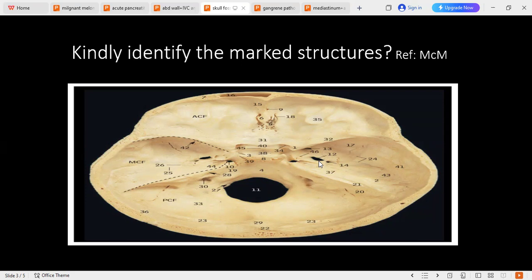There are 5 structures: otic ganglion, emissary vein, accessory meningeal artery, and a lesser petrosal nerve, and emissary vein. Oh, okay. And mandibular division of trigeminal. And mandibular division of trigeminal.